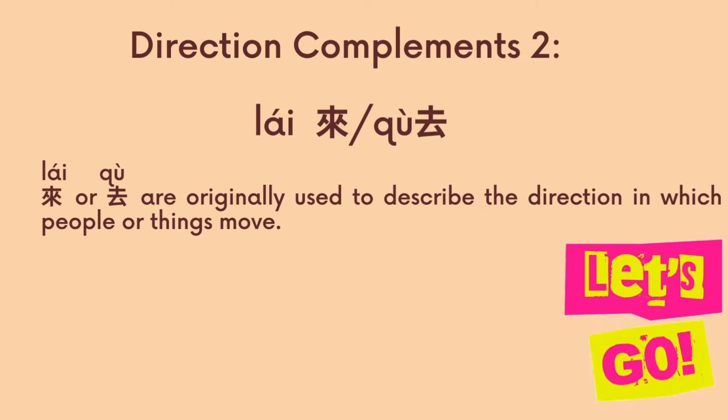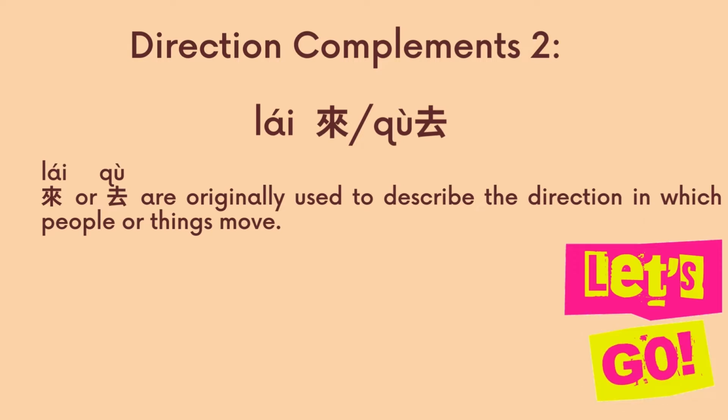The topic we'll be discussing today is direction complements part 2, 来 and 去. 来 and 去 are originally used to describe the direction in which people or things move. But today, we're going to discuss their broader applications.